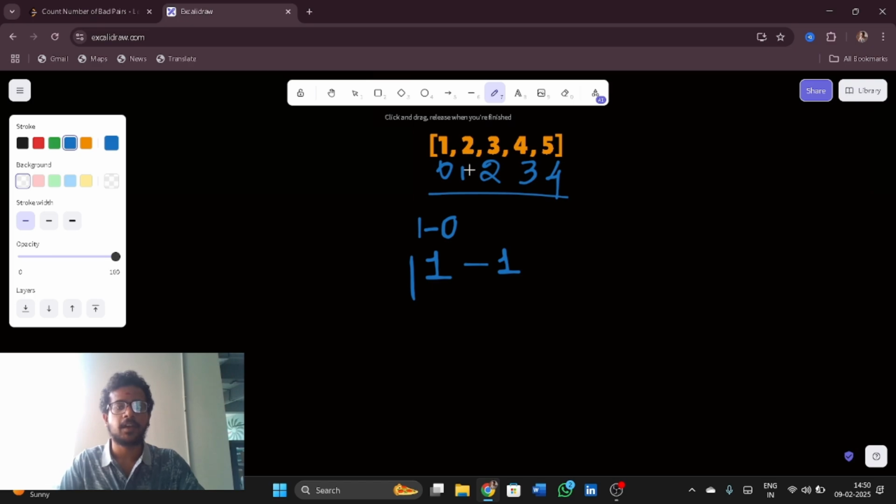Then here we are at 1, and 1 and 2 will give me the same difference of one, and it is occurring for 2 times. Then 3 minus 2 is also 1, so I'll increment to 3, and 4 minus 3 is also 1, so I will increment to 4 and then to 5.